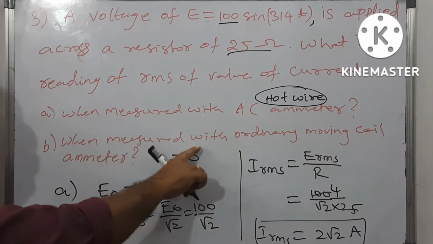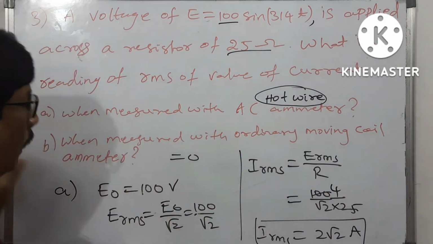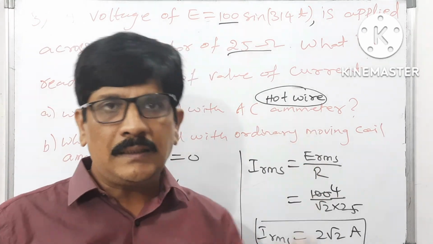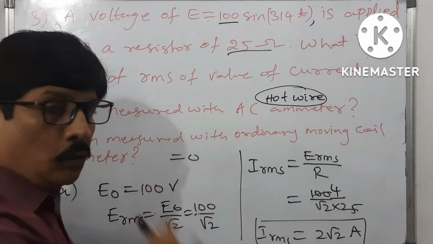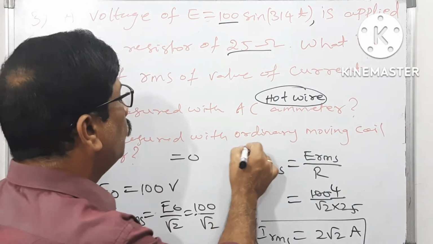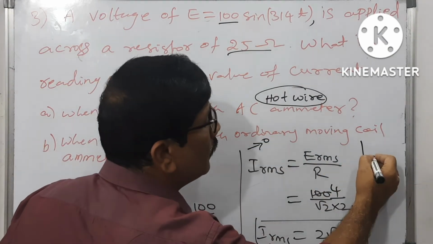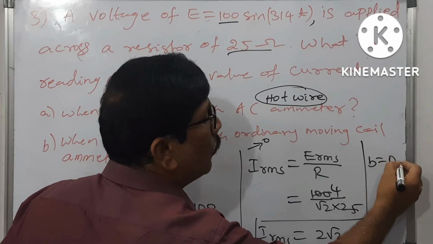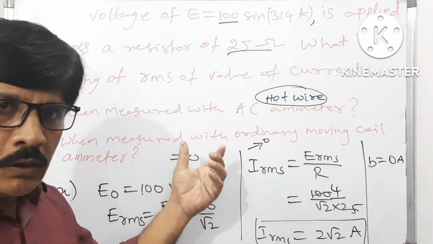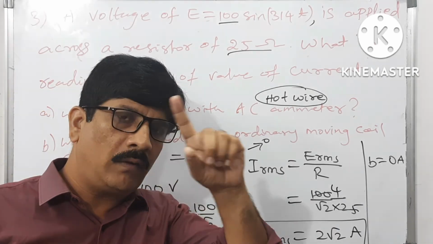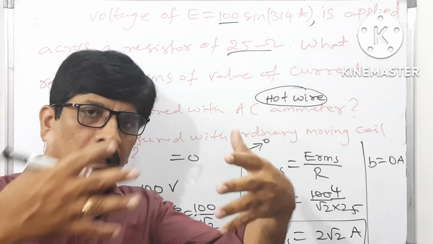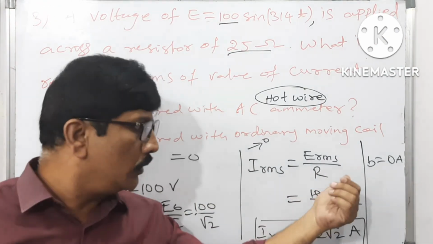But the ordinary moving coil ammeter is used to measure only DC currents. So when you use this ordinary moving coil ammeter to measure the AC current, it will give you 0 reading. So the answer for B is 0 amperes. It cannot show you the value because the current in one direction and the current in the other direction get cancelled, and it will show 0 reading.